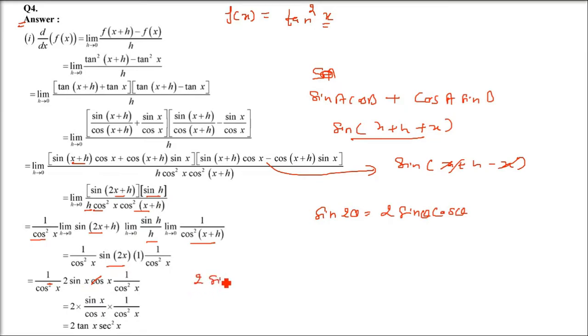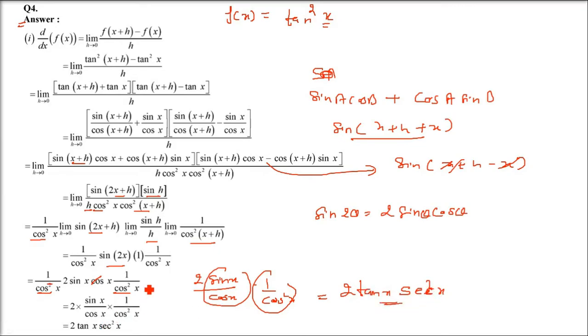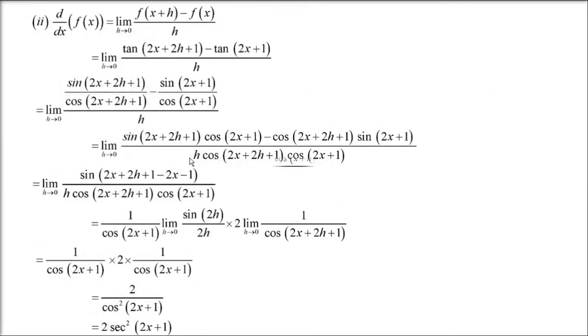So 2 sin x will be in the numerator, and we have cos x, cos squared x. You can put one cos with this sine, and 1 by cos squared separately. So this is 2 tan x, and 1 by cos squared x goes up, so it will be sec squared x. So 2 tan x sec squared x will be the final answer.